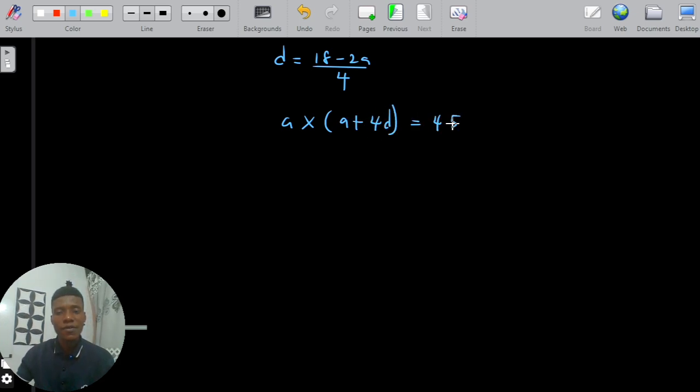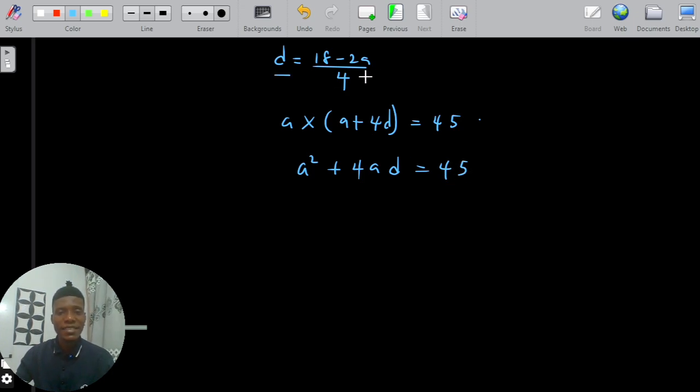So if d is equal to (18 minus 2a) over 4, and our equation 1 is a times (a plus 4d) equals 45, when you expand this, you have a squared plus 4ad equals 45.